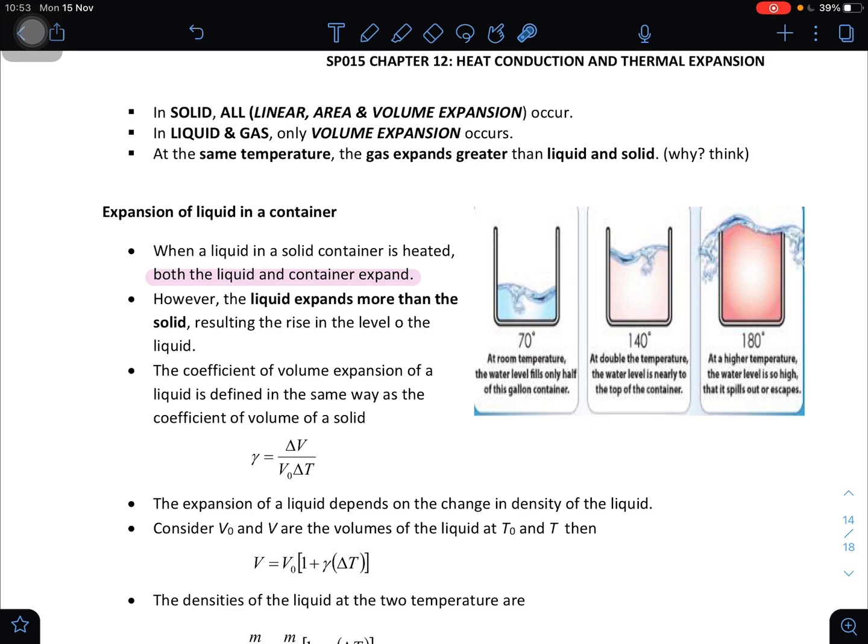But the liquid will expand faster than the solid. So that's why when we heat the liquid, at a certain temperature it will overflow.